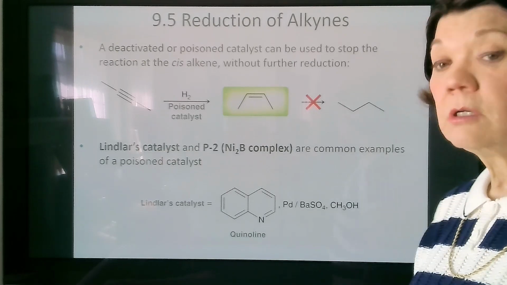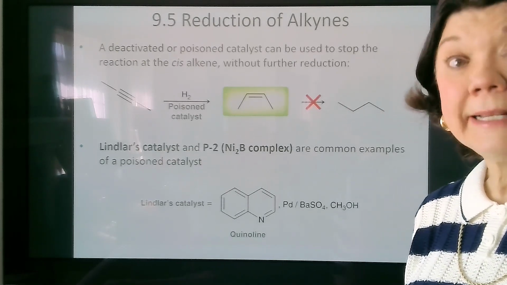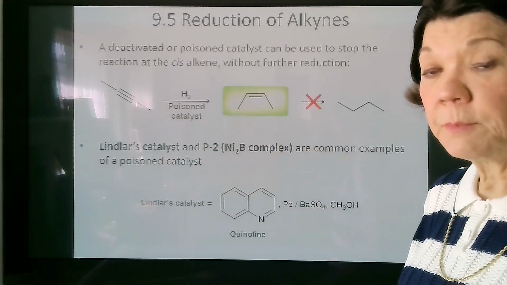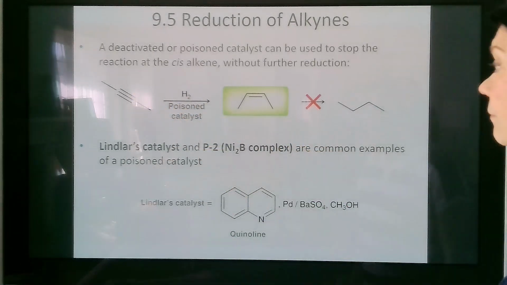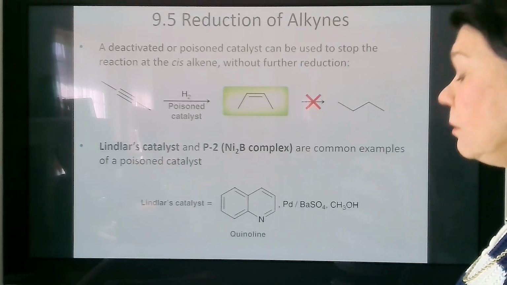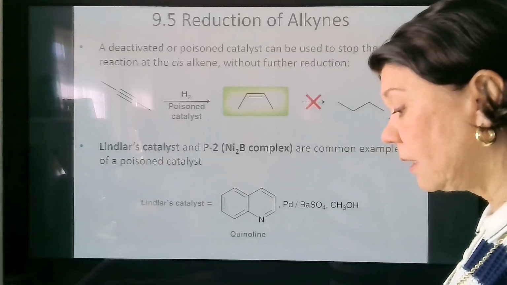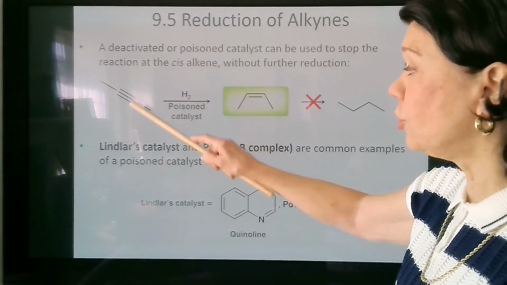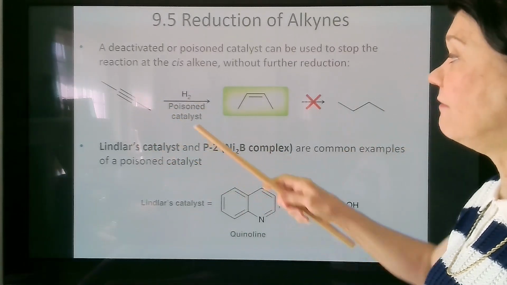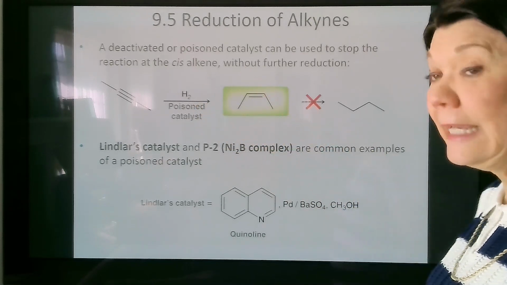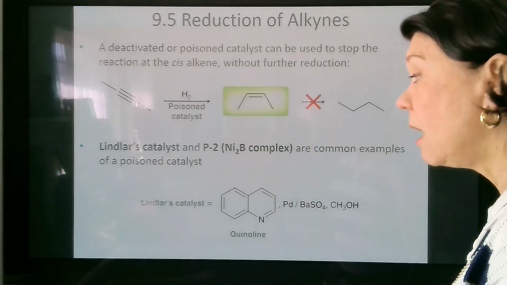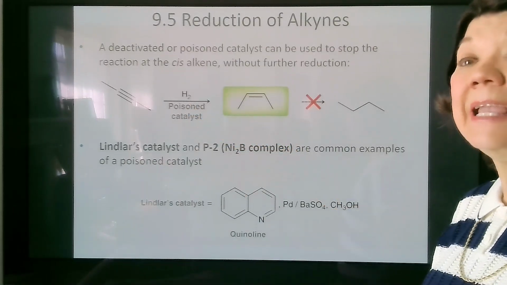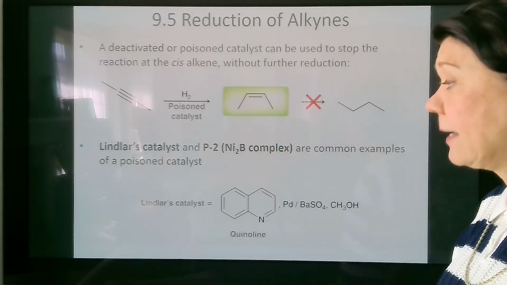In the reduction, of course, what you're doing is adding H2 across the pi bond. You just add one equivalent of H2 and you form the alkene. In some reactions, this one has the poisoned catalyst, a weak catalyst.